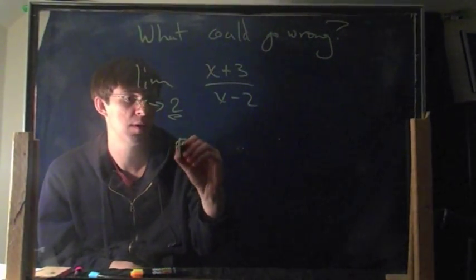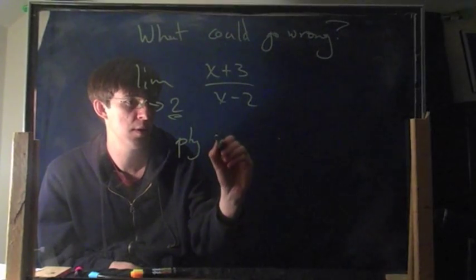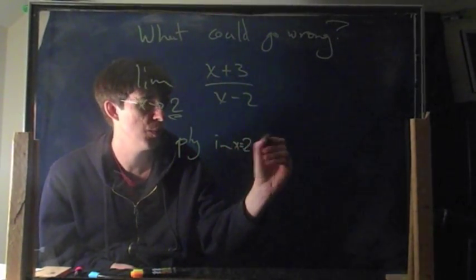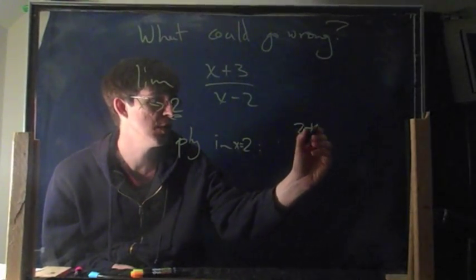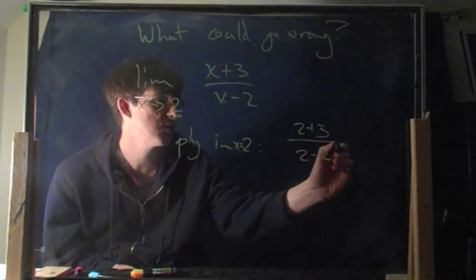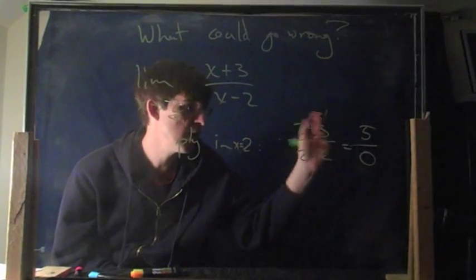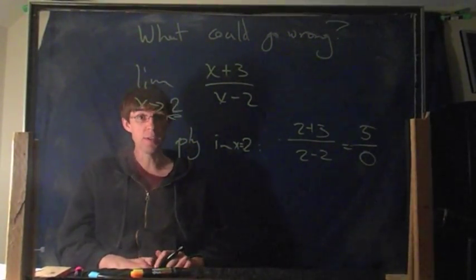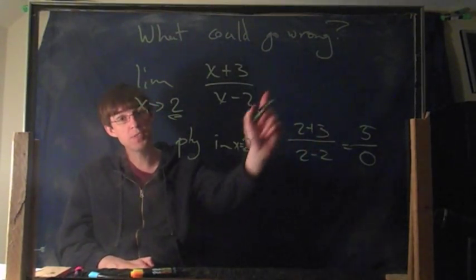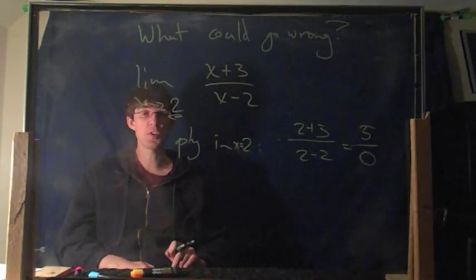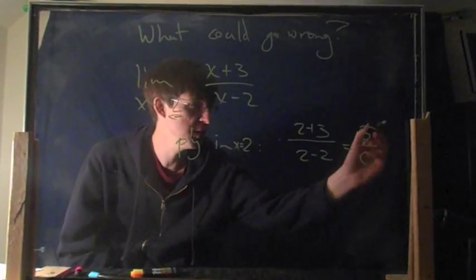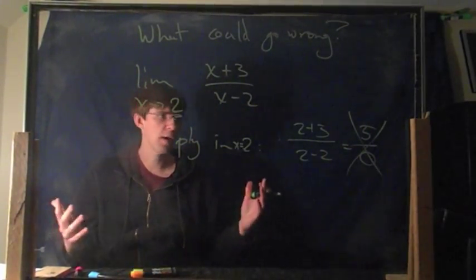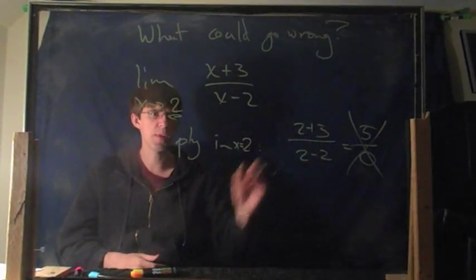You get 2 plus 3 divided by 2 minus 2, which is 5 divided by 0. Anything wrong with that? Yes, there is something wrong with that. Dividing by 0 is not allowed. There's no such thing as dividing by 0. So this is bogus for some reason. You have to figure out what's supposed to happen in this case.